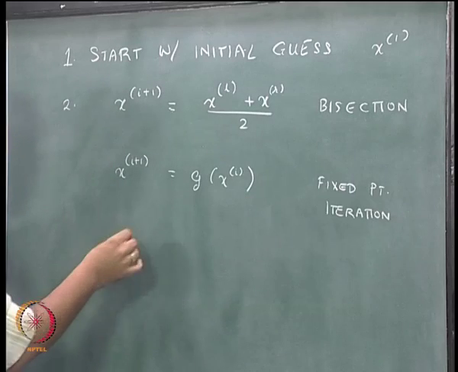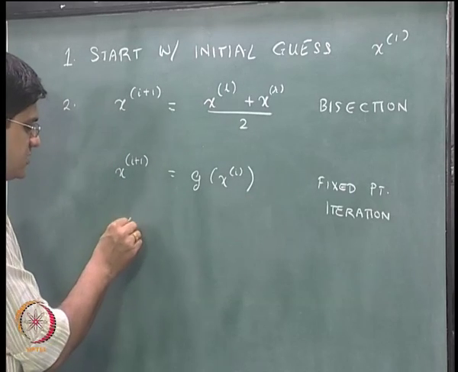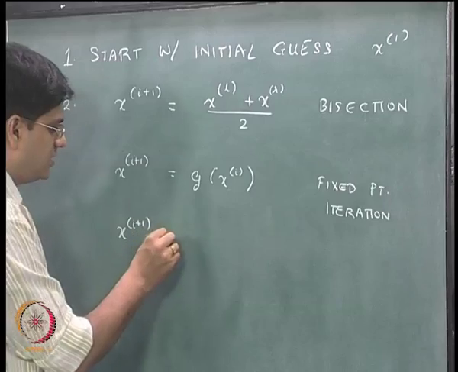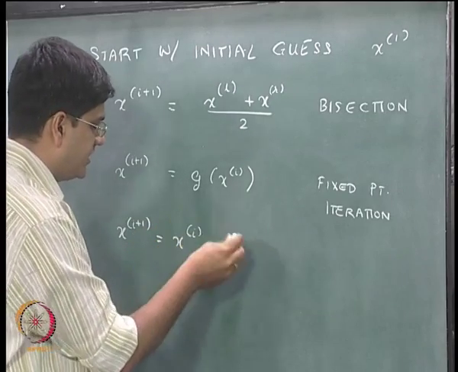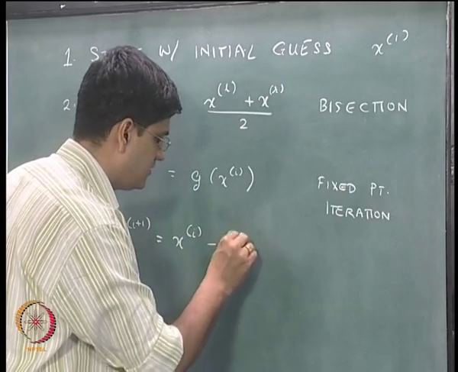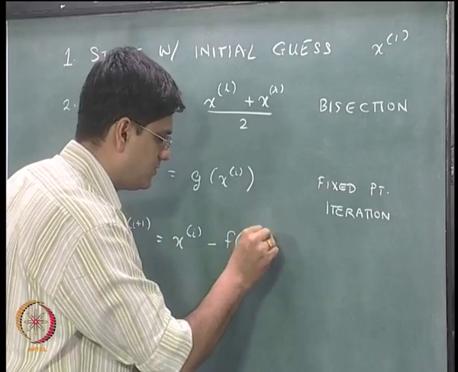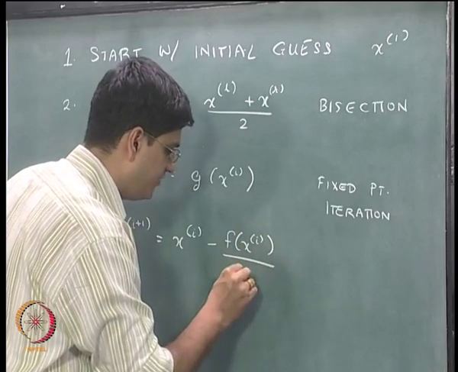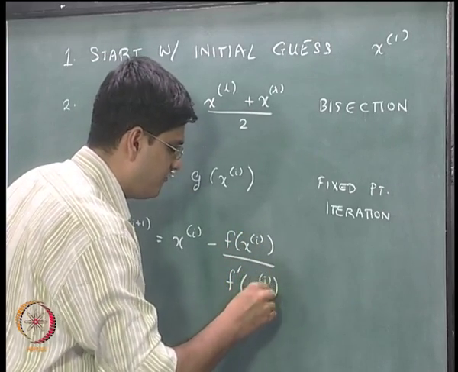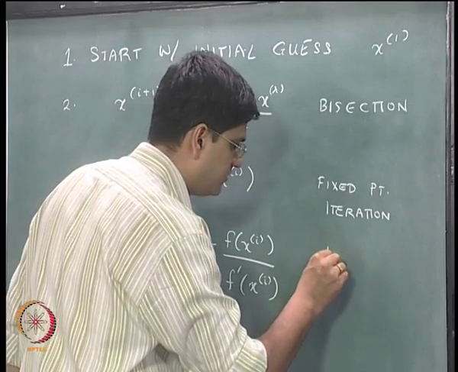And if we look at the Newton-Raphson method, we have xi plus 1 equal to xi minus f of xi divided by f dash of xi. That was Newton-Raphson.